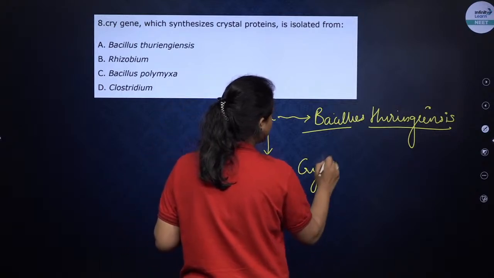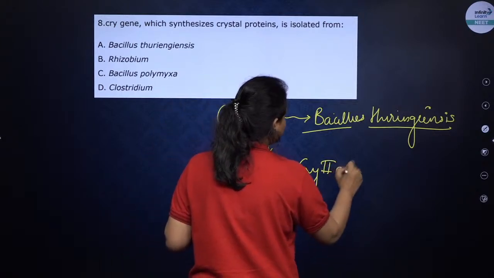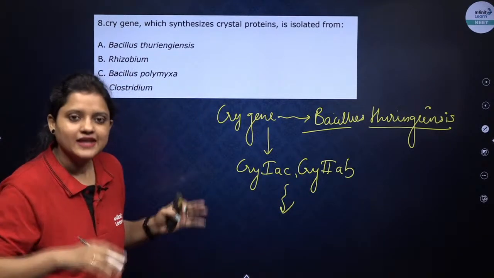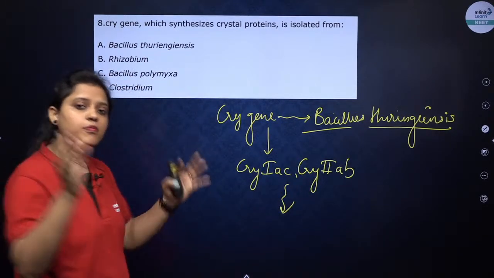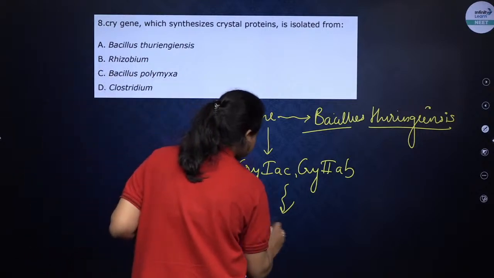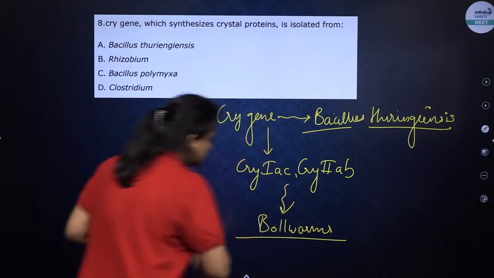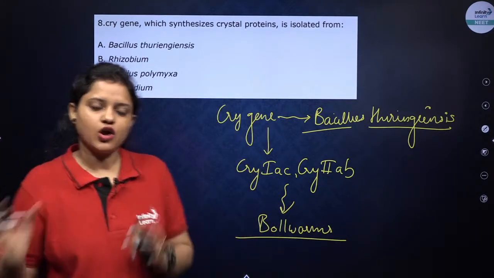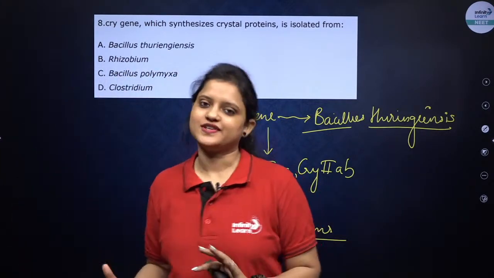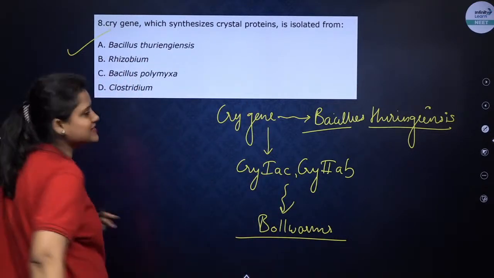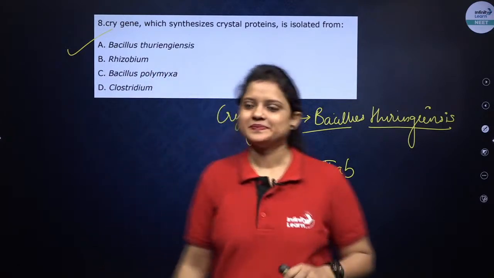Now this bacteria has this gene, and the important genes that you should know for the exam are Cry1AC and Cry2AB, and these genes will produce toxin that will kill bollworms. This is introduced in Bt cotton, in Bt brinjal. So the correct option here will be Bacillus thuringiensis, right?